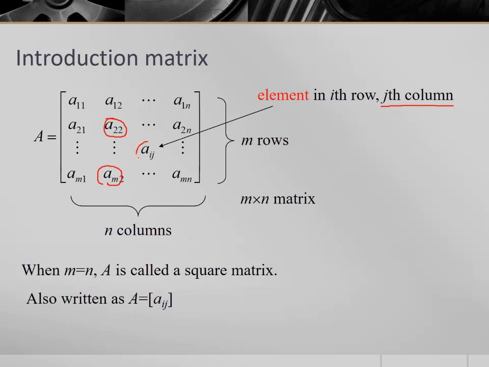For this element, it is in the ith row, jth column. So this matrix has m columns and n rows, so we denote it by an m by n matrix.